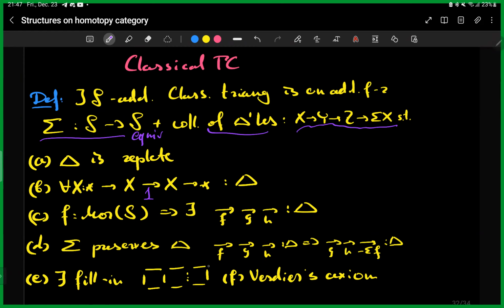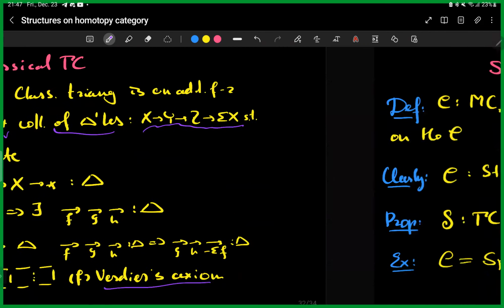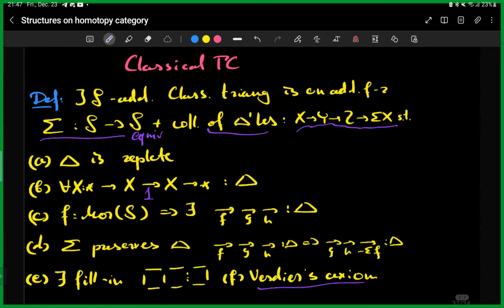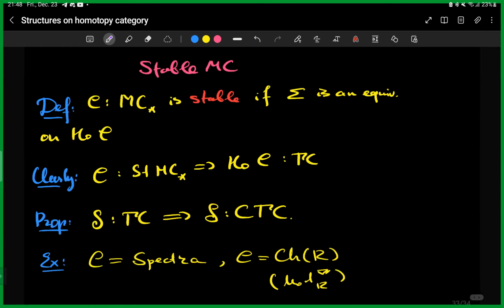If we have a triangle here, it doesn't matter now whether we have fiber sequences, they're the same. We should have a Verdier axiom, which is basically the same as before. And that's basically it. And the result states that each triangulated category in the previous sense is a classical triangulated category.